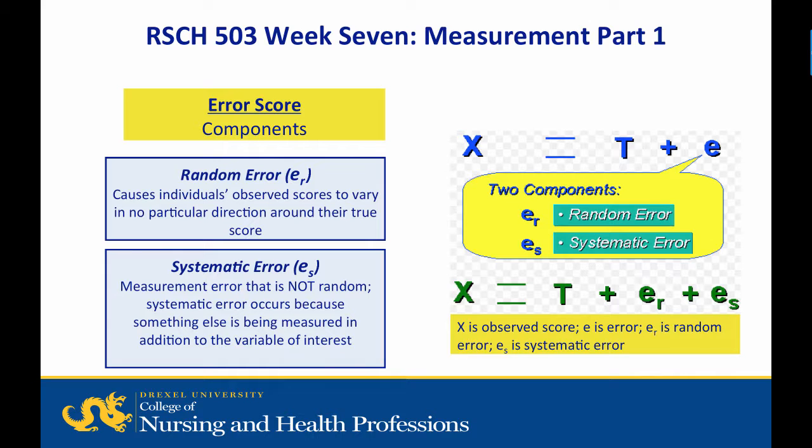And second, a systematic error component, or capital E subscript S. Measurement error that is not random. Measurement error occurs because something else is being measured in addition to the variable of interest. Thus, X, or subject's observed score, is equal to true score plus random error score plus systematic error score.